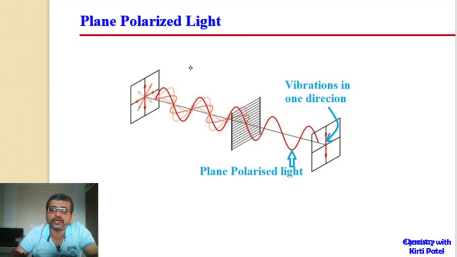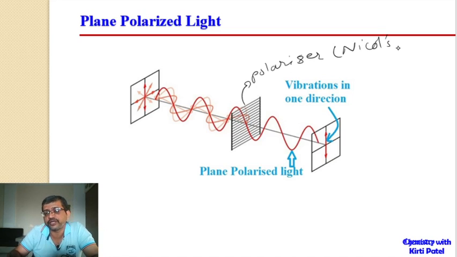So this is how plane polarized light can be obtained when a source containing non-polarized light, or unpolarized light, comes and passes through a polarizer. This polarizer can be a Nicol's prism or a quartz prism.